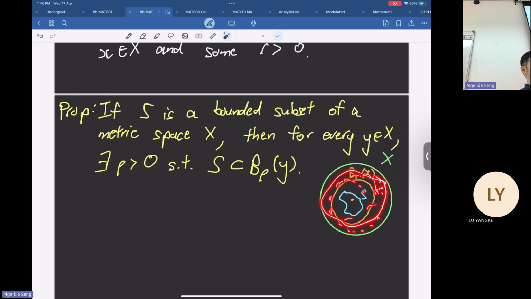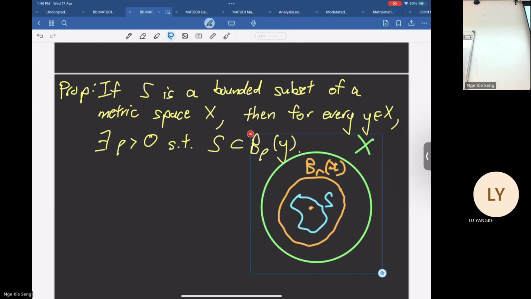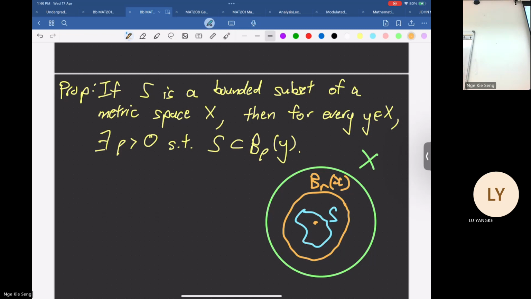Can you do that or not? Can you think of a way to do that? Maybe I give you bigger room to imagine. I take any point in the space X. Can I build a ball that contains S again?